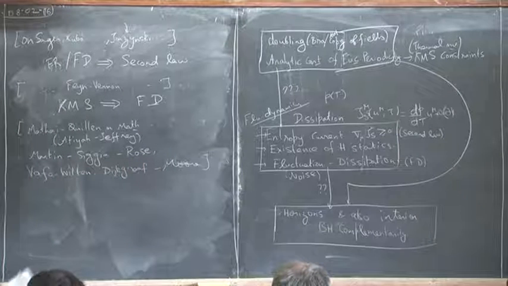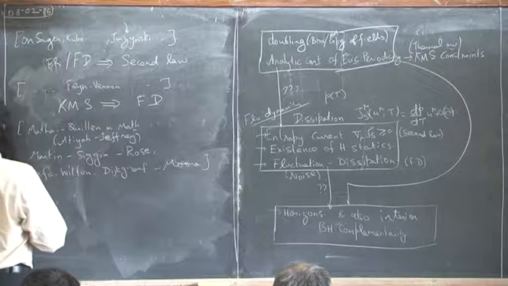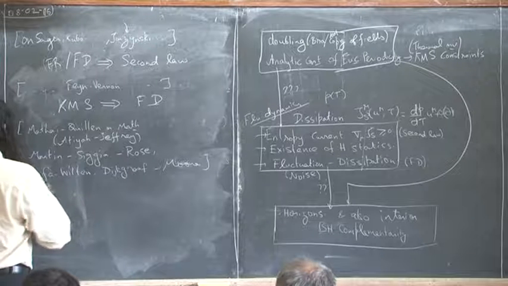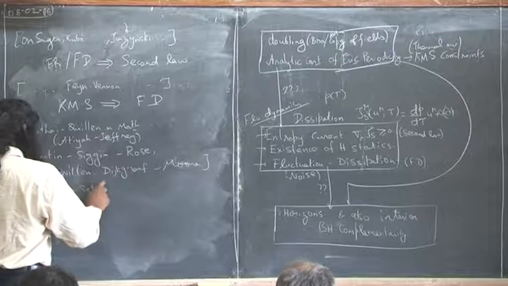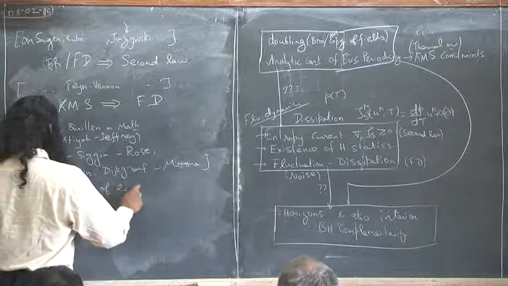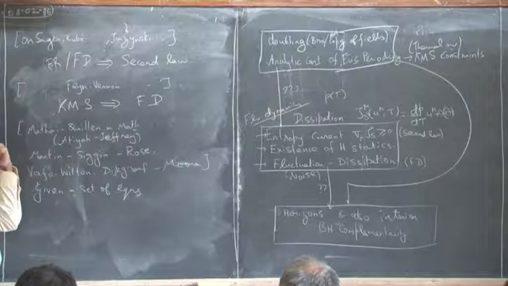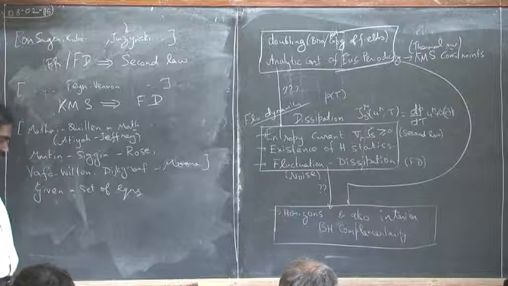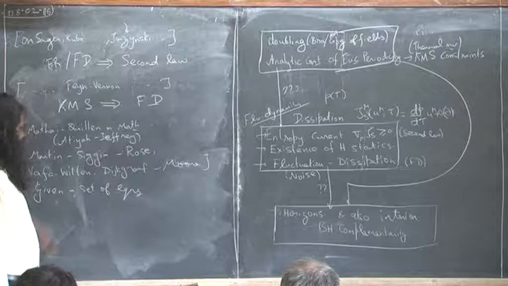So what these various people have shown is a particular thing, which says that given a set of equations, and the equations that Baulieu-Witten were interested in were the instanton equations, and Martin-Rose were interested in the fluid equations themselves.